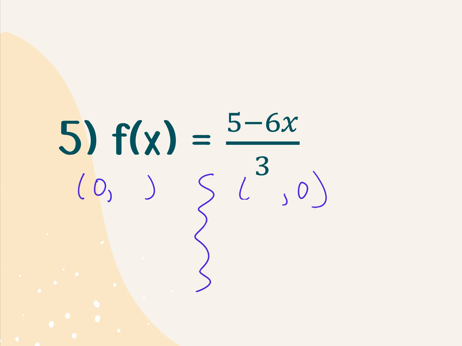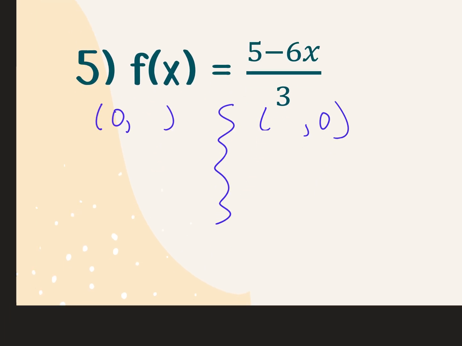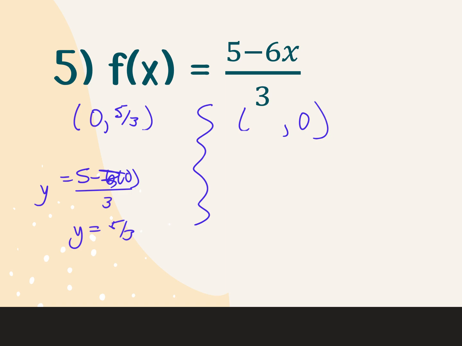So if you're going to take the function and plug in 0 for x, I have 5 minus 6 times 0 over 3. I'm going to get my y value. What's 6 times 0? So when you plug in 0 for x, what do you get out for y? Perfect. So on the other side, I'm not plugging in 0 for x, I'm plugging in 0 for what letter?